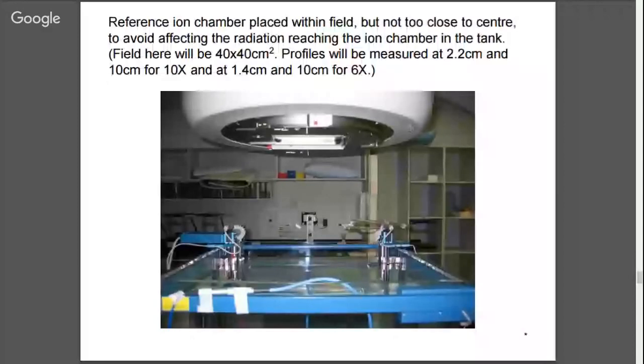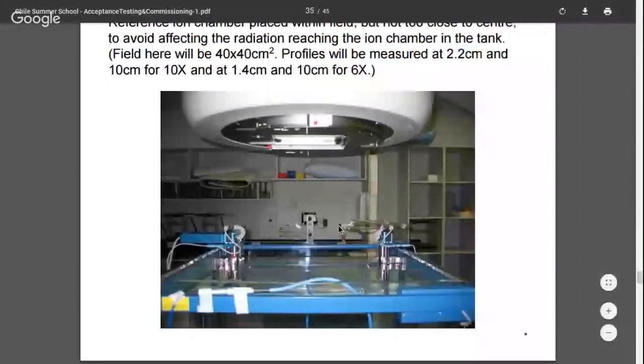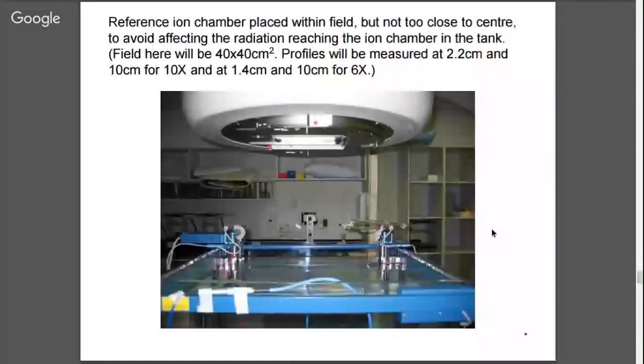So we can remove these effects by having a second chamber in the edge of the field. You can see here where my cursor is, we can see the reference chamber, and then we divide the ion chamber measurement in the water by this reference measurement, and that removes these time varying output fluctuations in the accelerator.